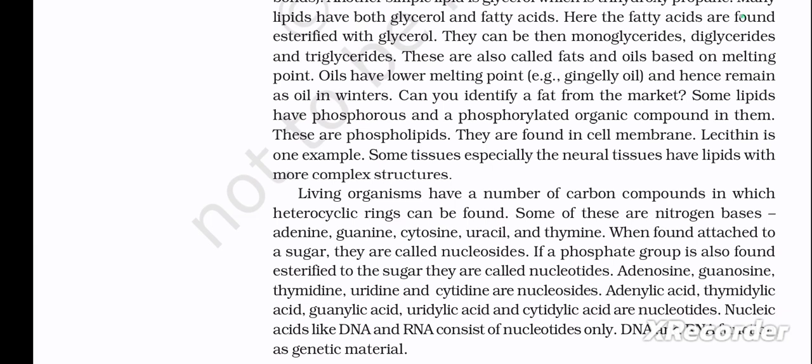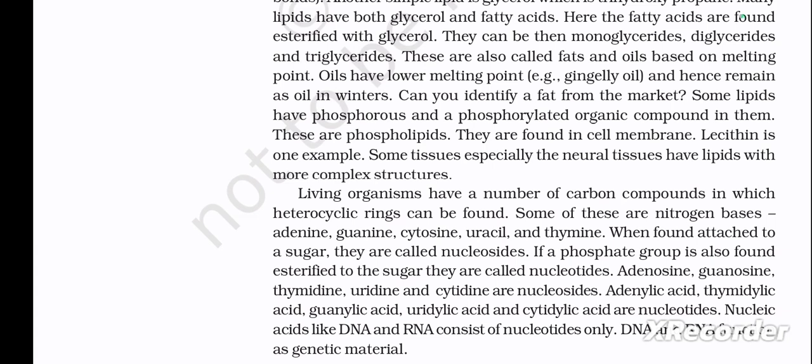If a phosphate group is also found esterified to the sugar, they are called nucleotides. Adenosine, guanosine, thymidine, uridine, and cytidine are nucleosides. Adenylic acid, thymidylic acid, guanylic acid, uridylic acid, and cytidylic acid are nucleotides.